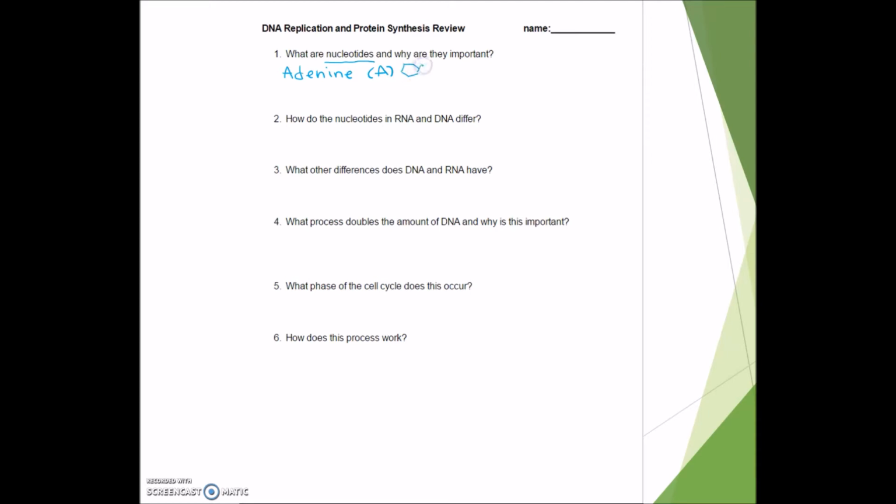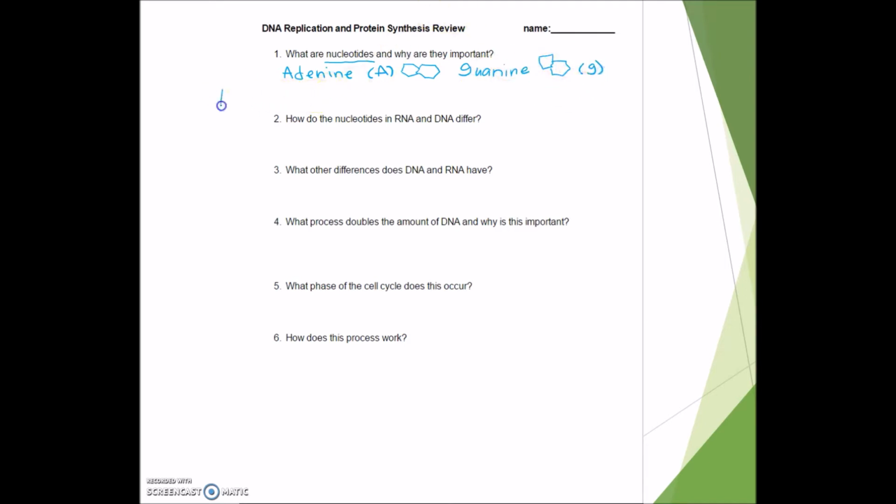It looks like this. And then there's one that looks a lot like it. That is guanine. Okay, and so it kind of has this 2 carbon ring shape. And we label these guanines with a G, right?